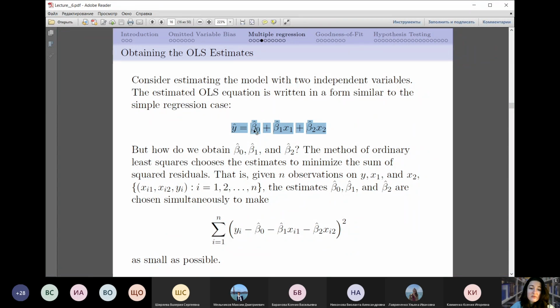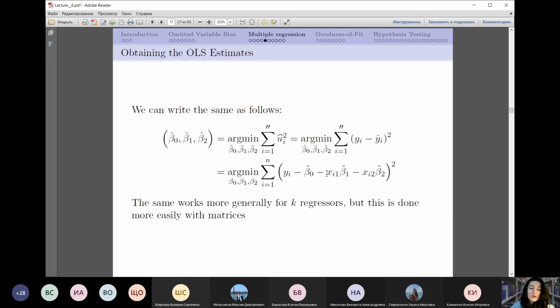But how can you obtain beta 0, beta 1, and beta 2? The method of ordinary least squares chooses the estimates to minimize the sum of squared residuals. So the estimates beta 0, beta 1, and beta 2 are chosen simultaneously to make this term minimum.